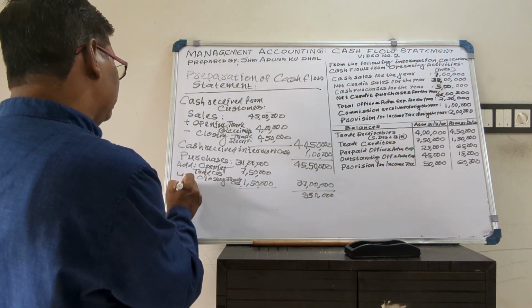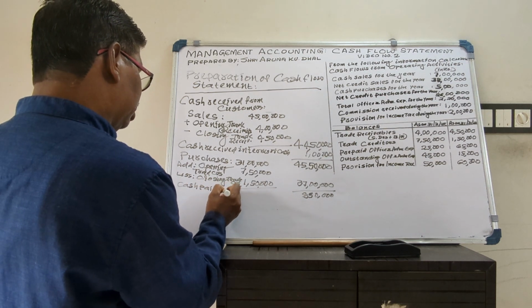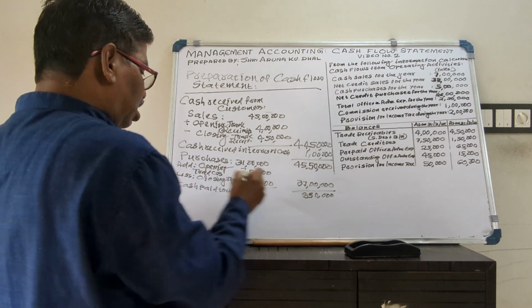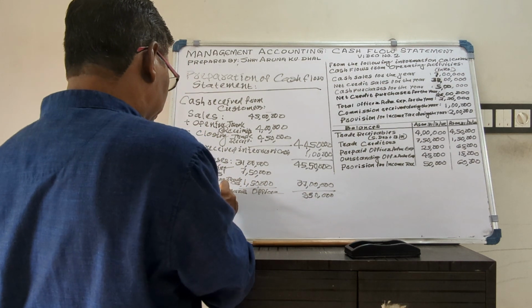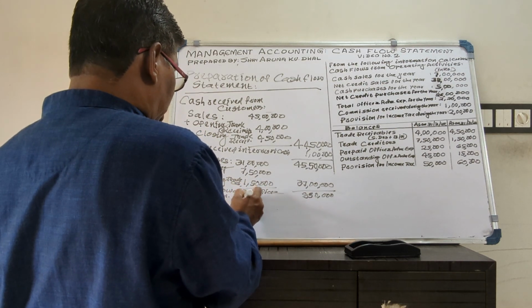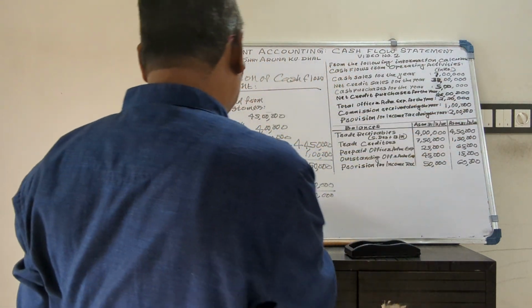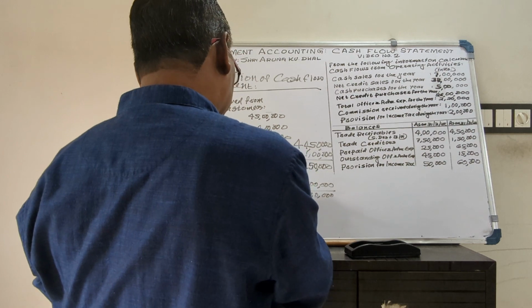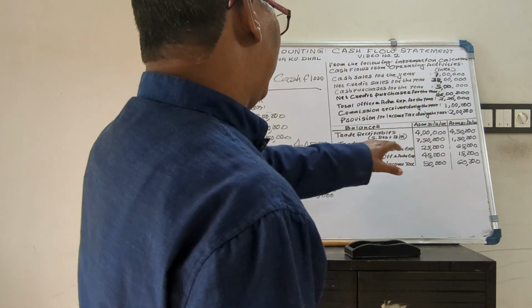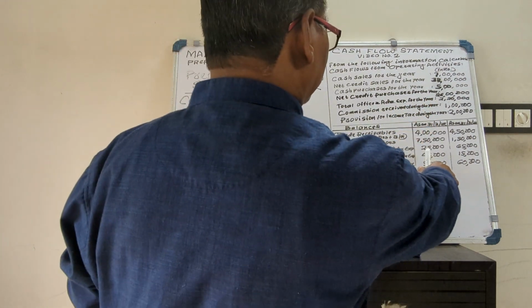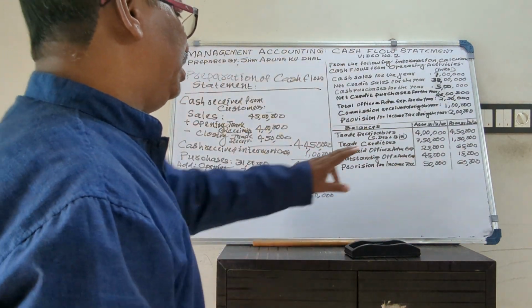So cash paid towards office and administrative expenses was 2,20,000. Then prepaid office and administrative expense: that means our business paid 25,000 extra last year, so this year it will be deducted.